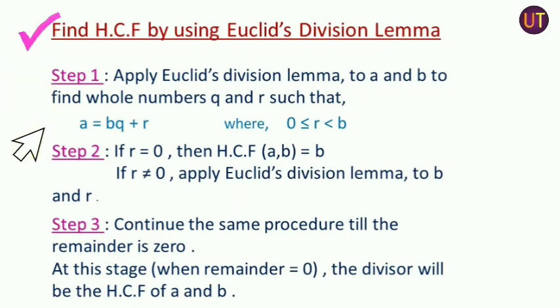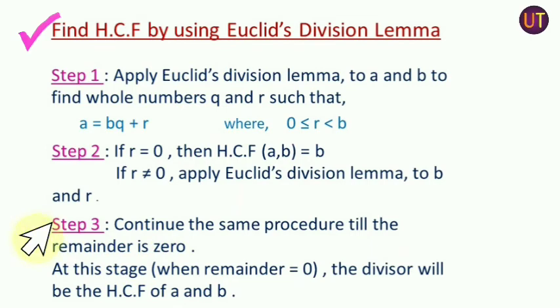If r equals 0, then the HCF of a and b equals b. And if r is not equal to 0, then apply Euclid's division lemma to b and r. Step 3. Continue the same process till the remainder is 0. At this stage, when the remainder equals 0, the divisor will be the HCF of a and b.